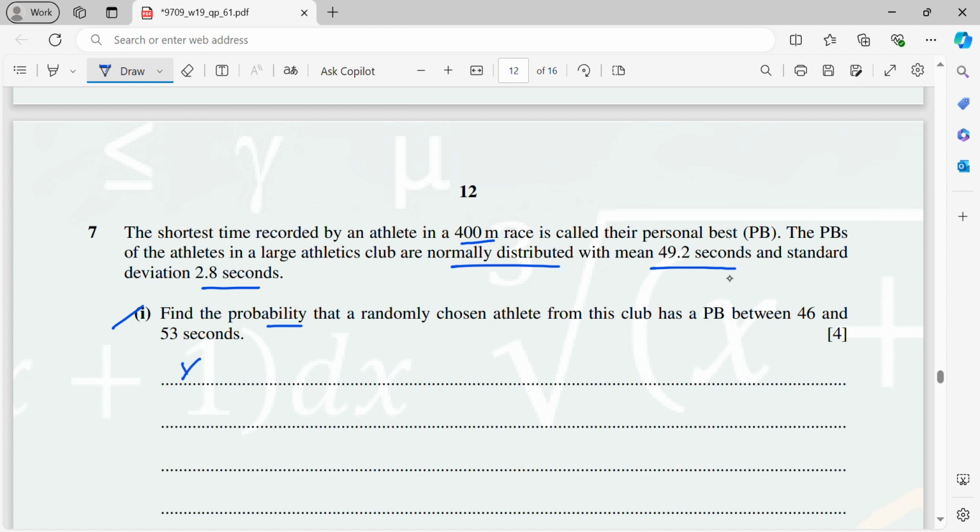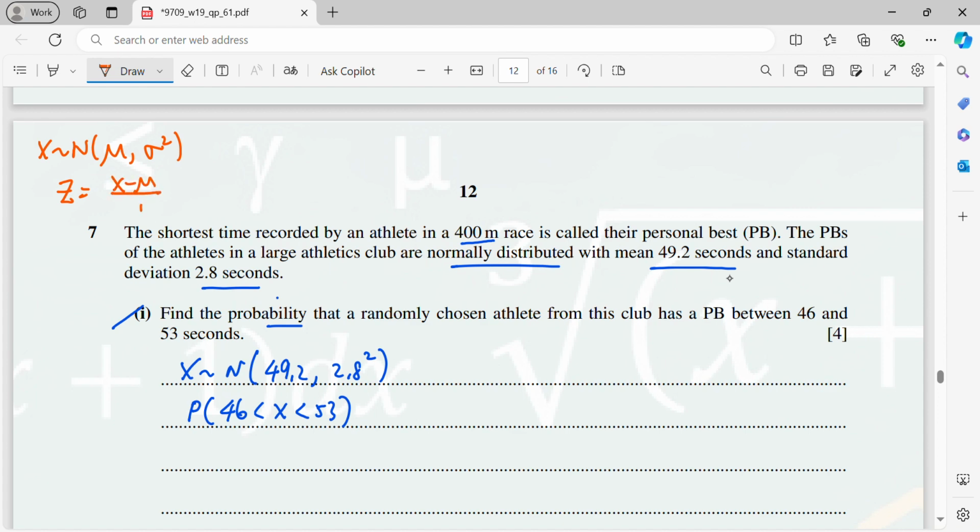From here I will say X is normally distributed, mean is 49.2, standard deviation is 2.8, so the variance is 2.8 squared. Now the probability is P(46 < X < 53). If X is normally distributed with mean mu and variance sigma squared, when we standardize it, it will be (X minus mu) over sigma.